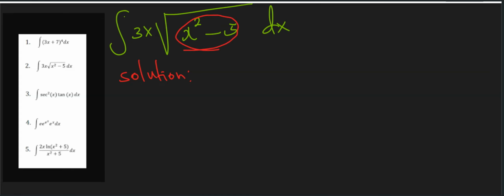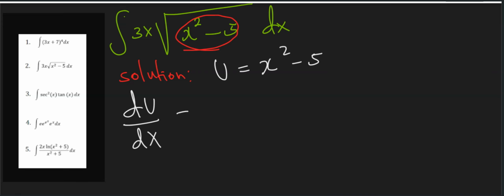So therefore u will be x squared minus 5, which goes without saying that du over dx will be the differentiation of this, which is 2x.